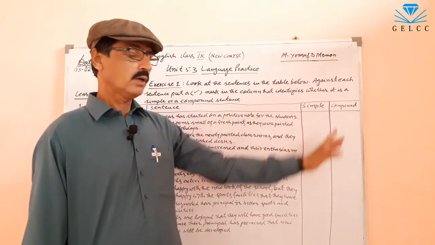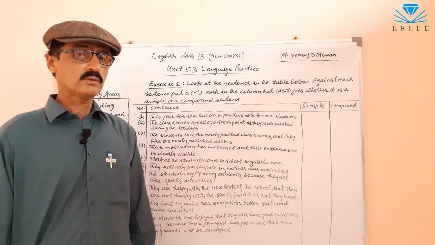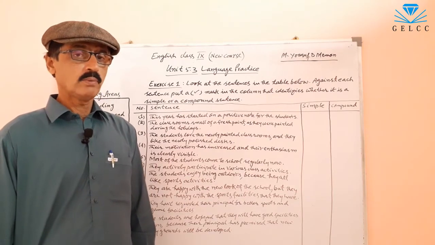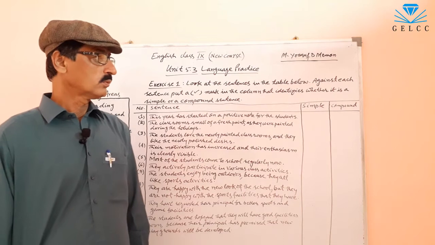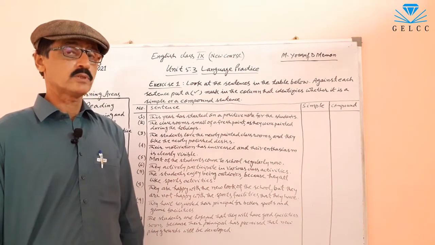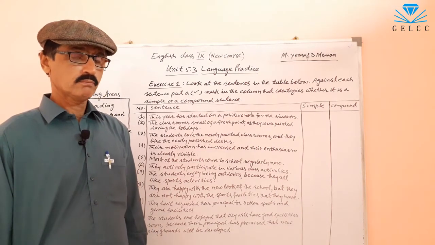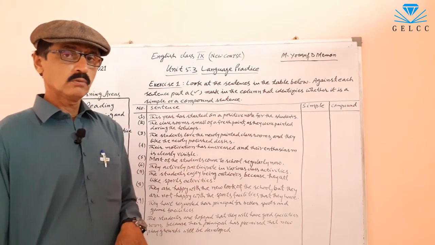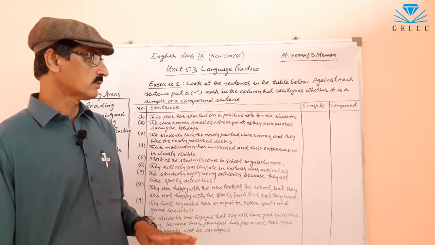Whereas a compound sentence is that sentence which is joined by two simple sentences, two independent clauses, two or more, not only two but more sentences.